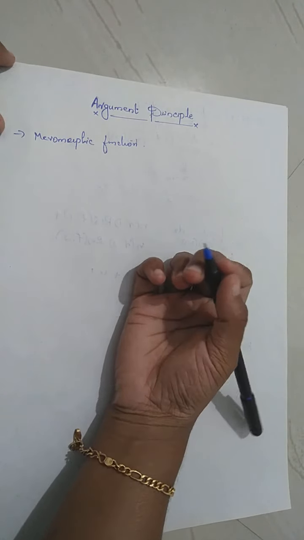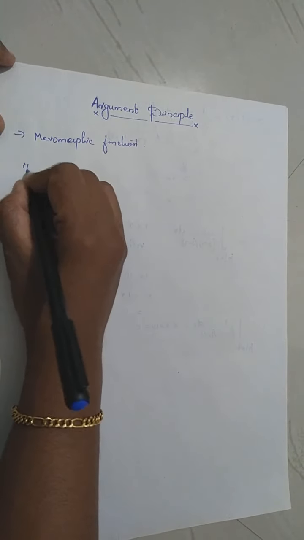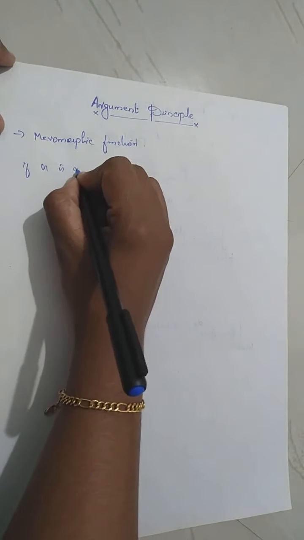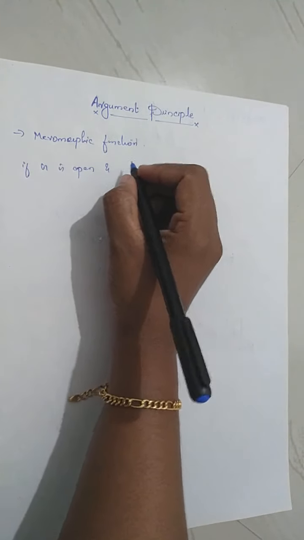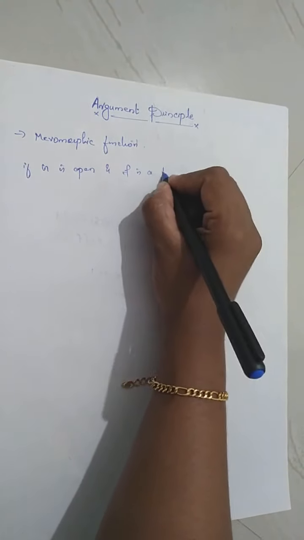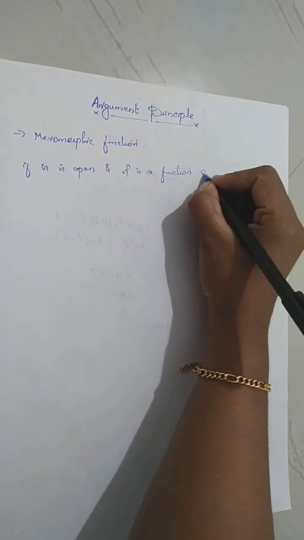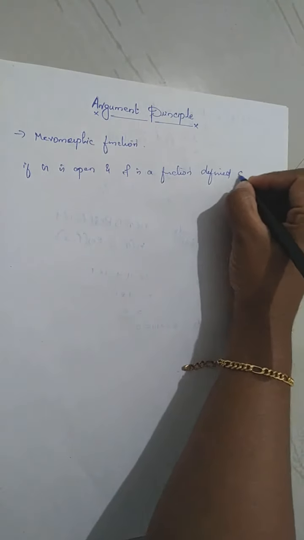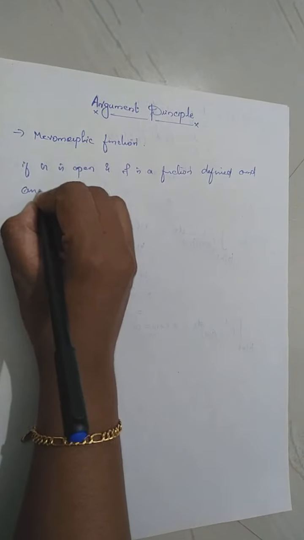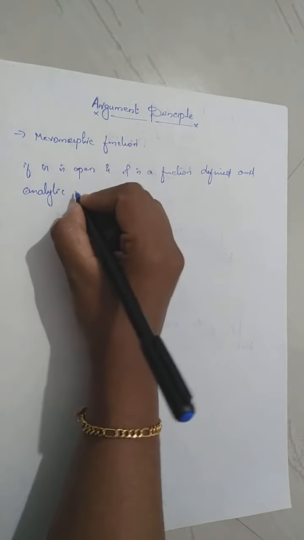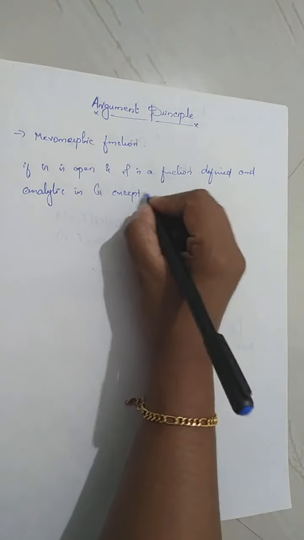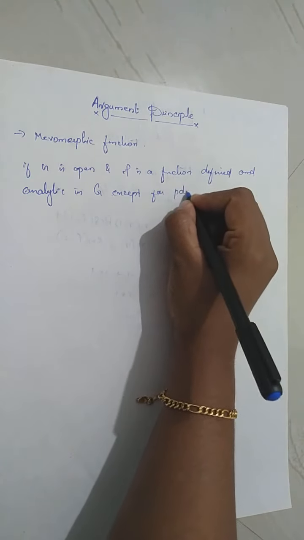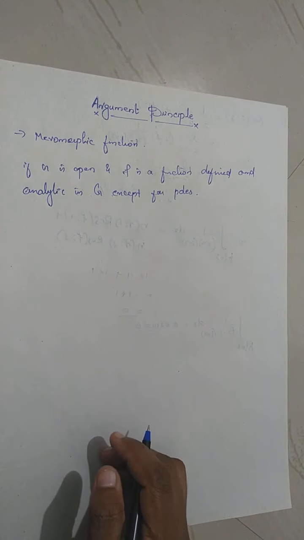That means if G is an open set and f is a function defined and analytic in G except for poles.